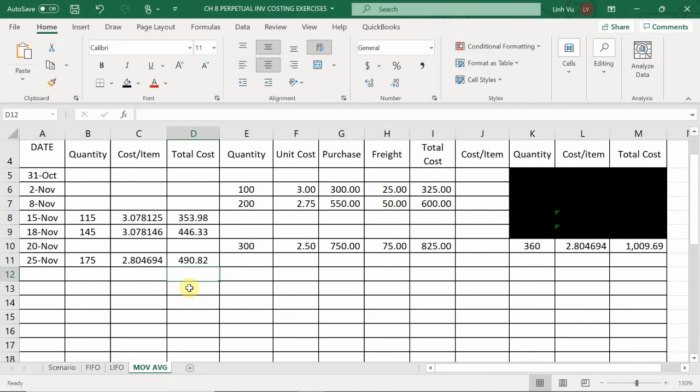Oh, I have a typo in mine. 2.80. So that gives us 490.82. 490.82, good.